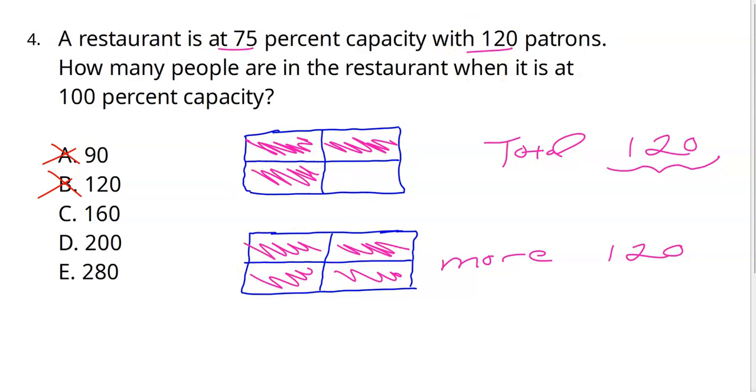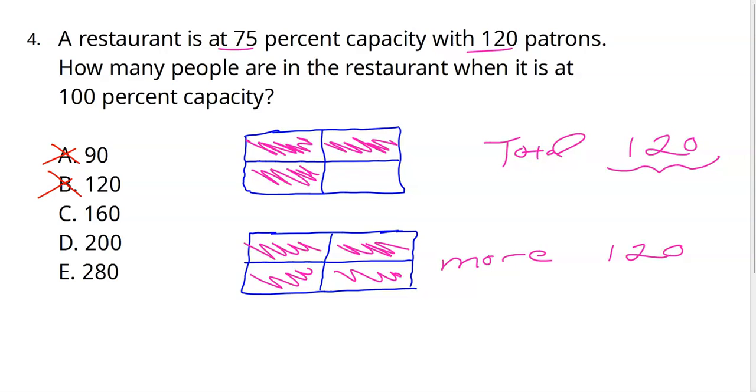I'm a visual person, and let's see if we can figure this out. Ultimately, we need to figure out how many people are in the restaurant when it's 100% full. It says here, if it's 75% full, which is, here's a model of 75%, 3 shaded in out of 4 total.